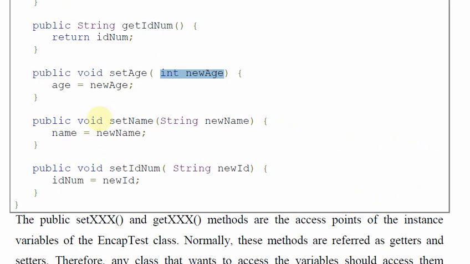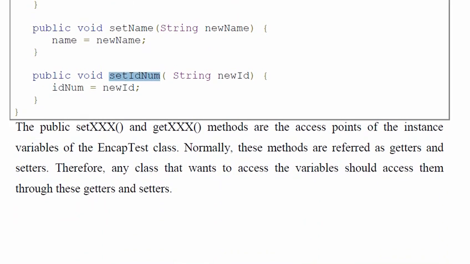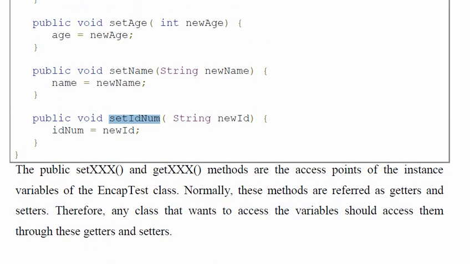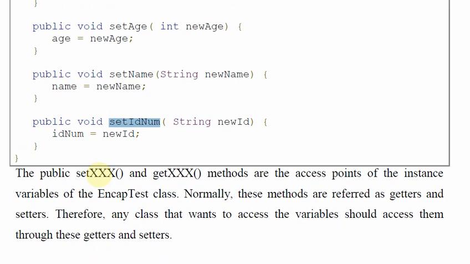In the same way, I declared two other methods with the names setName and setIdNum, and we are doing the same thing as we did earlier. After that, just look at this. What is the need of setName and what is the meaning of getName?